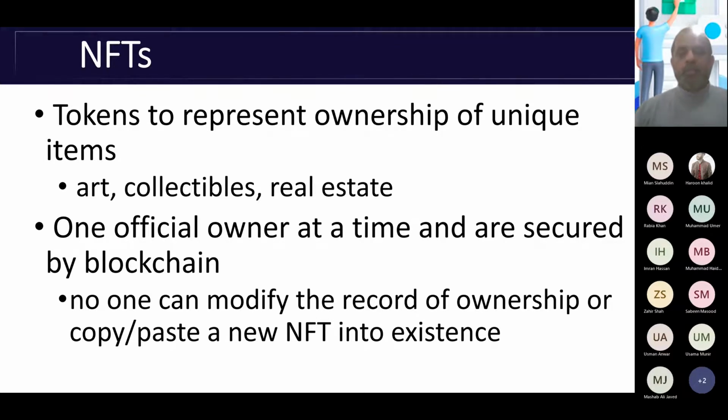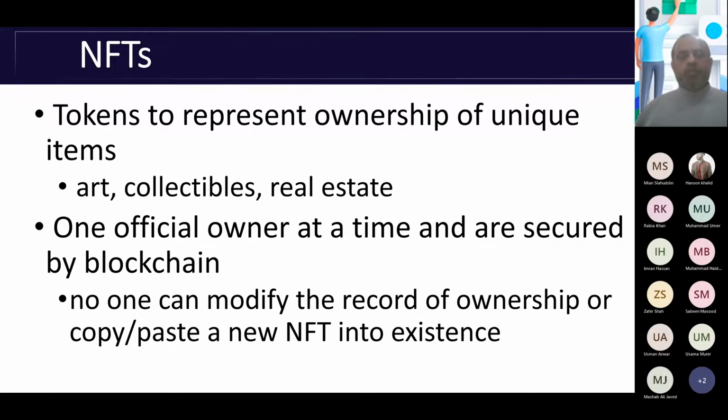Okay, one official owner at a time, and secured by blockchain. So what blockchain does is that it is on a public ledger that everybody knows that this particular item, it may be something which everybody knows about, like Miyada's bat, or the first tweet done by its co-founder. So there are things that everybody knows about.